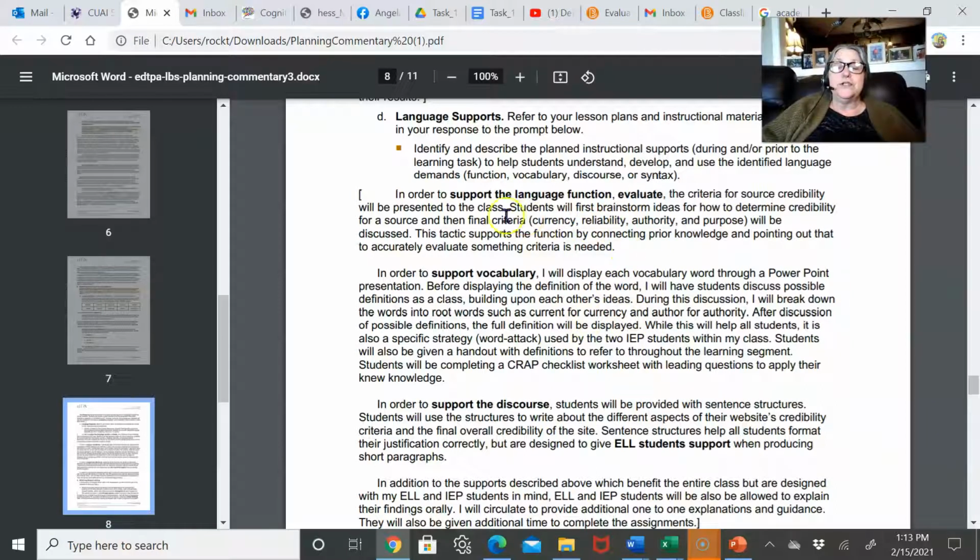And then she describes the things she does, and then the scorer decides if she's describing supports that are general or supports that are targeted. If you don't know the difference, then I suggest that you go to my playlist on academic language and watch a few of my videos there where I discuss the difference between general supports and targeted supports.